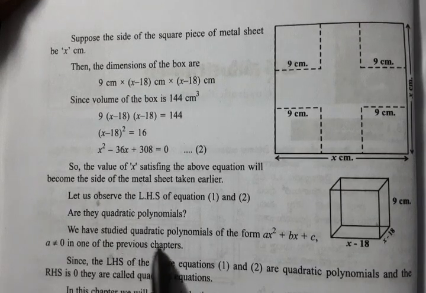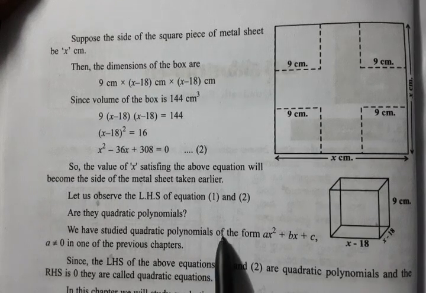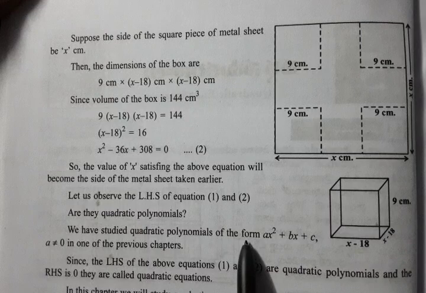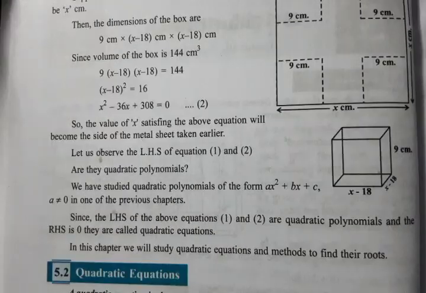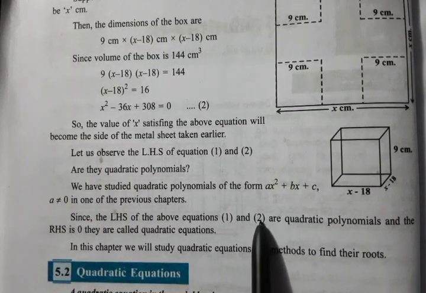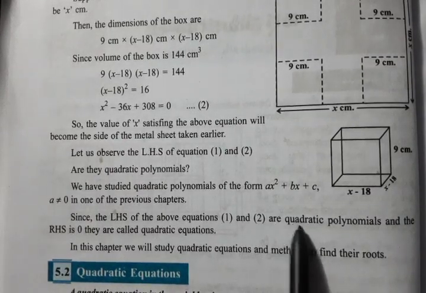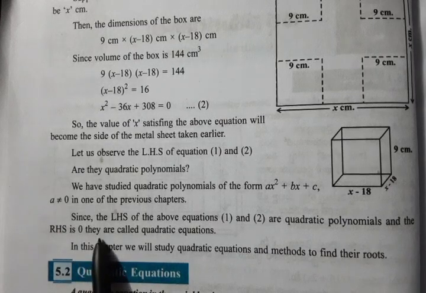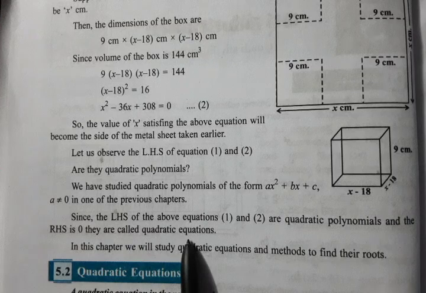In one of the previous chapters we already learned about this quadratic polynomial. So since the LHS of the above equations 1 and 2 are quadratic polynomials and the RHS is 0, they are called quadratic equations.